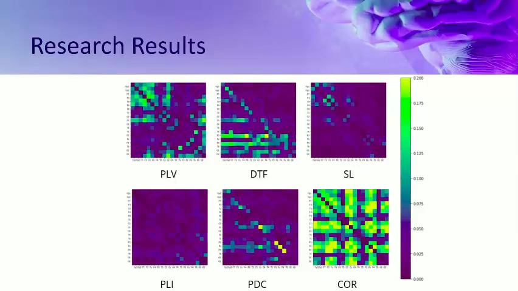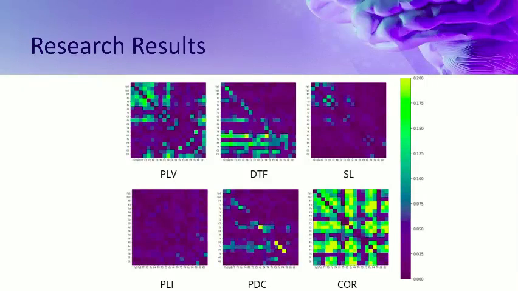So in this slide, this is the difference in average adjacency matrices of the respective connectivity methods, again shown in the form of an adjacency matrix. We name the matrix that we extract after the feature extraction phase an adjacency matrix.